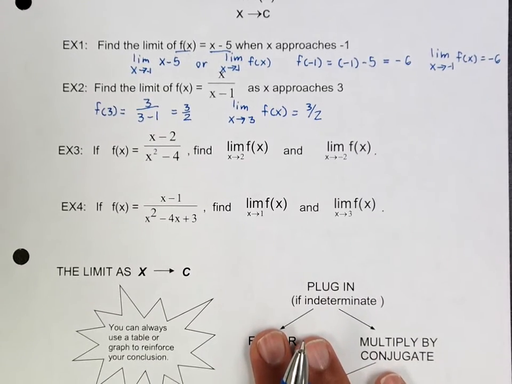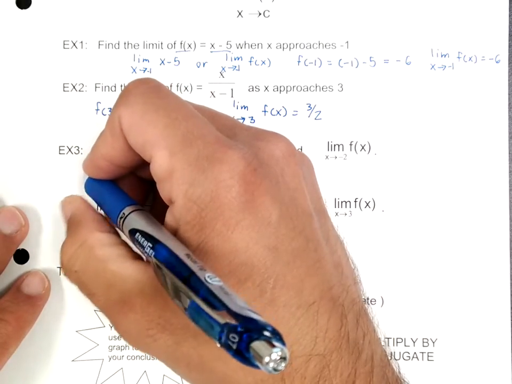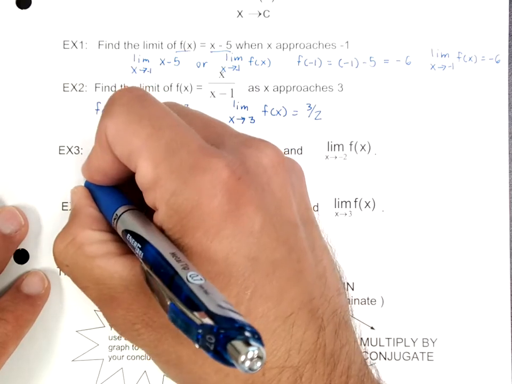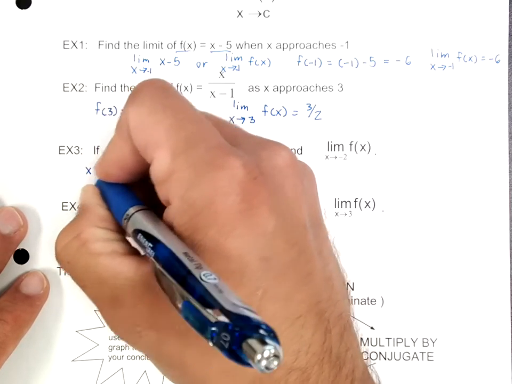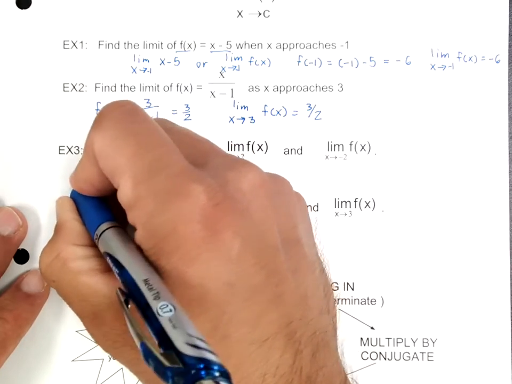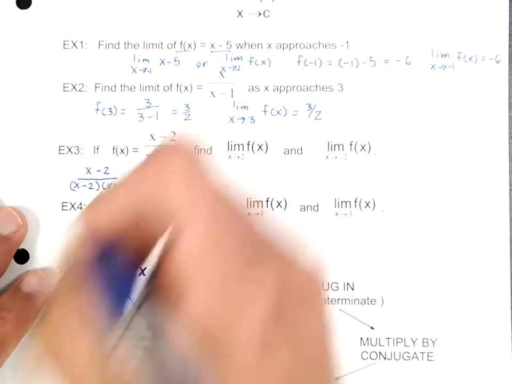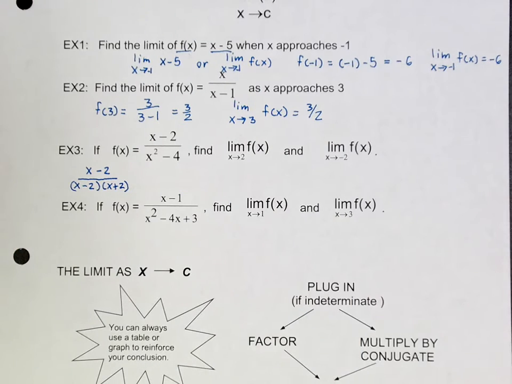All you have to do is factor the denominator, and then hopefully something will cancel out. In this case you have x minus 2 over x squared minus 4, which becomes x minus 2 times x plus 2. That's the difference of squares.